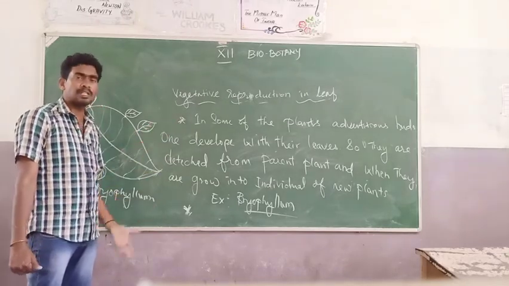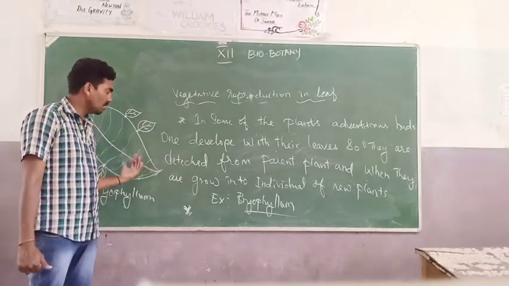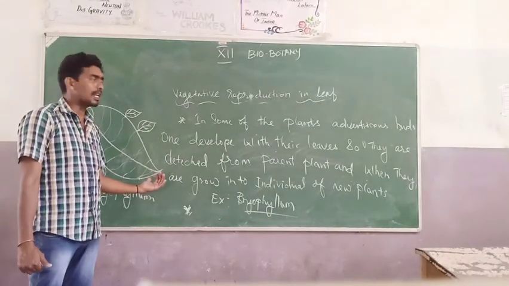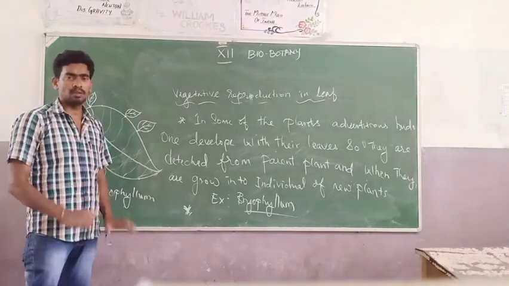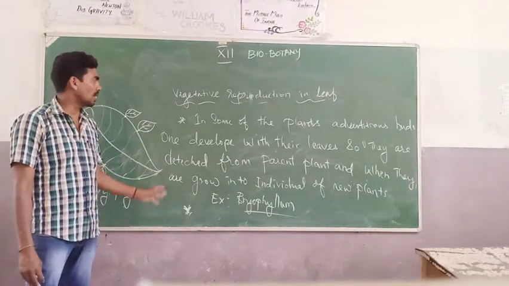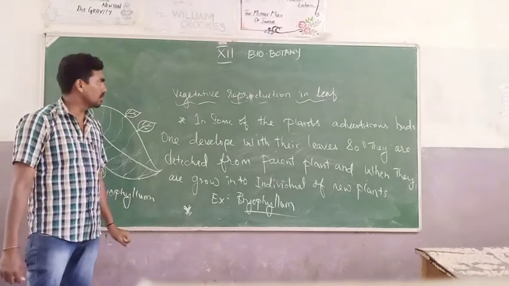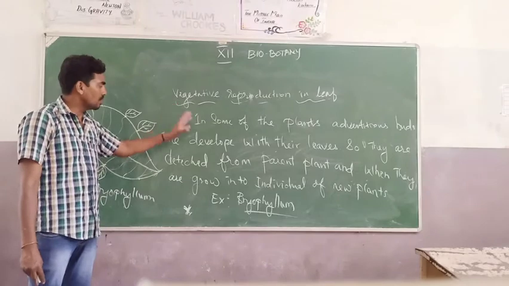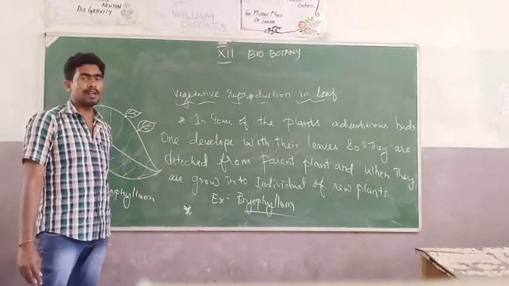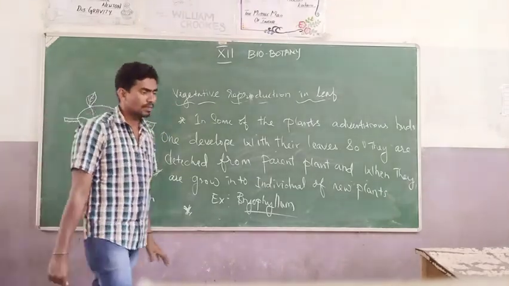Next, vegetative reproduction in leaf, good example Bryophyllum. So these three types of methods are called natural methods.